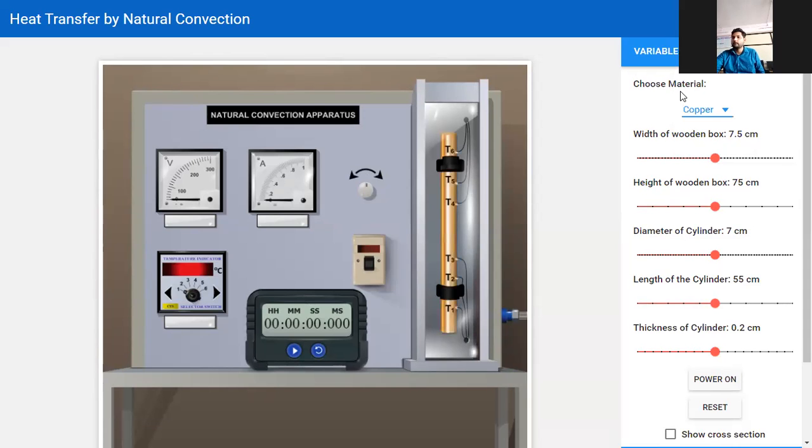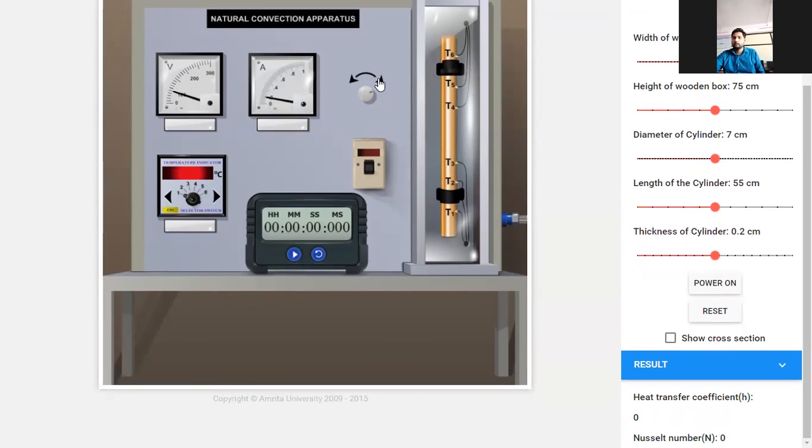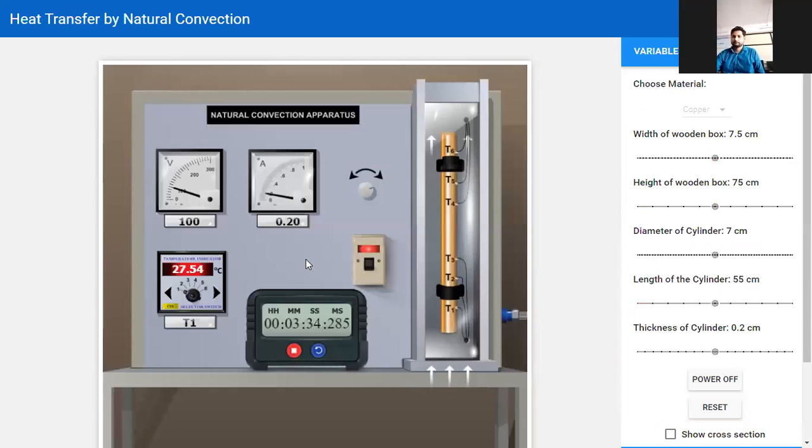So if I select the copper and then I provide the 100 volts, and I switch on the power, okay, T1 is 30, 31, 37 and 36.